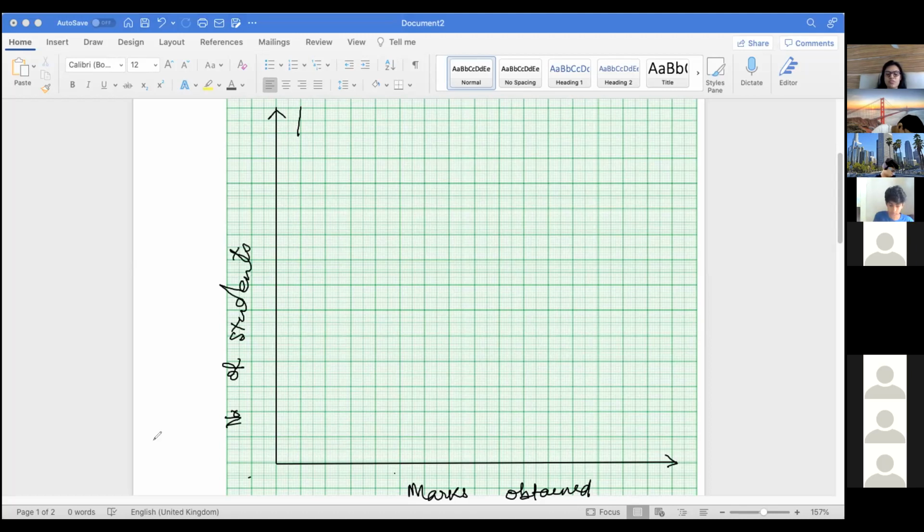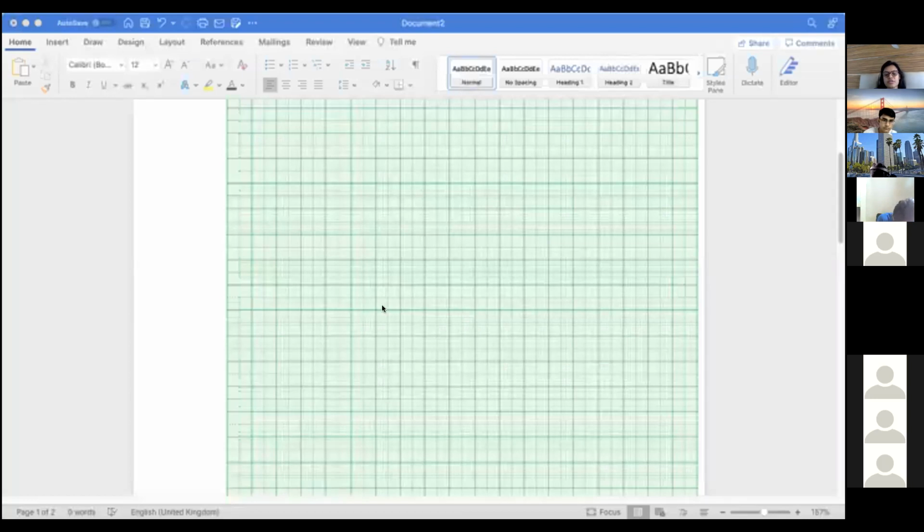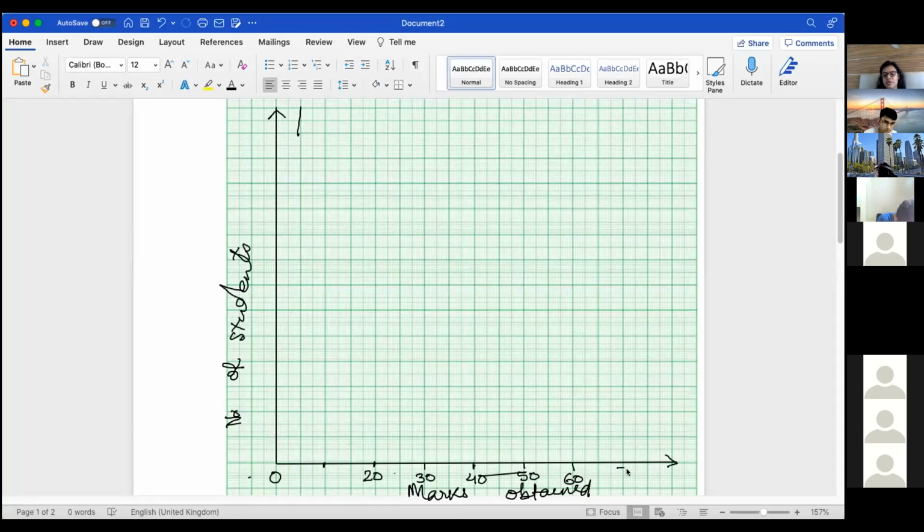Marks obtained starts from 20 and you have nothing between 0 to 20. No students are there. So let us make it 0 and 10 ka 1 karte hain. This is 10, this is 20. Okay, 20 to 30 to 40 to 50 to 60. How many groups are there? Till 60? No, 80 is there. 60 to 70 and then yahan pe 80.